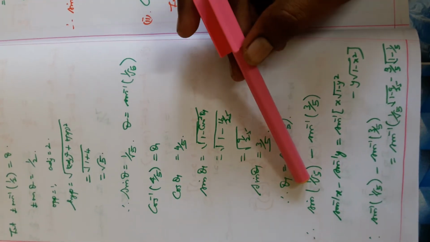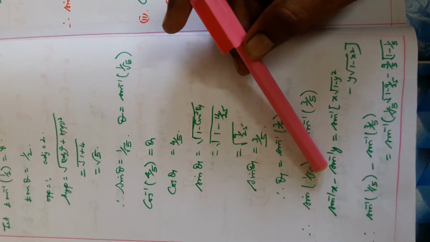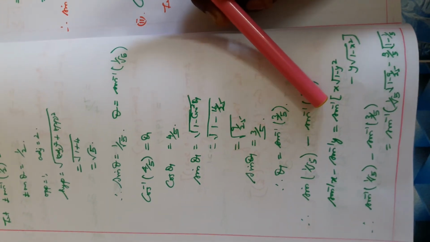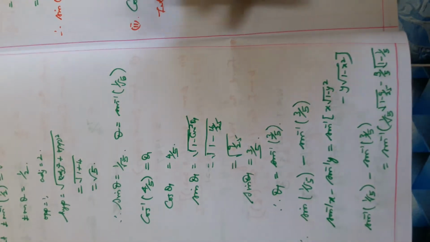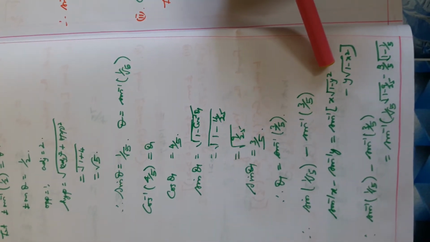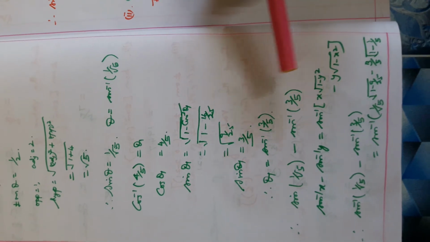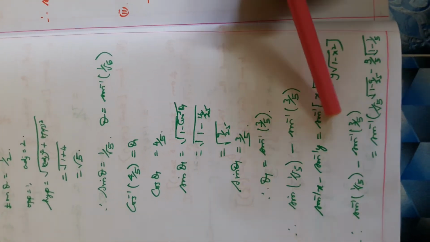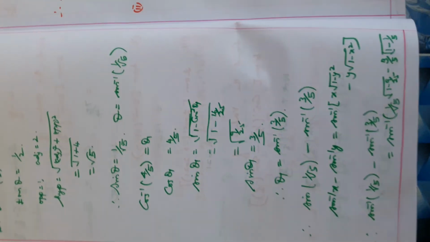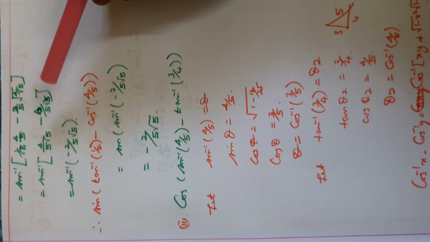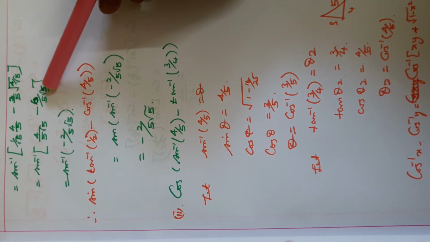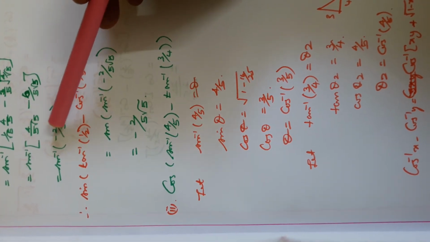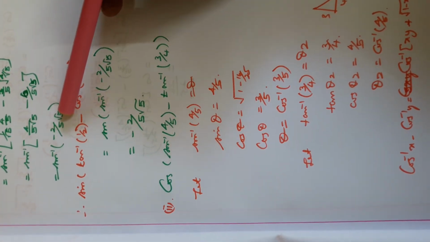And we have one more formula: sin inverse of x minus sin inverse of y is nothing but sin inverse of x into root of 1 minus y square minus y into root of 1 minus x square. I replaced the x and y values. Your final answer will be sin inverse of 4 by root 5 minus 6 by 5 root 5. So the answer is minus 2 by 5 root 5.